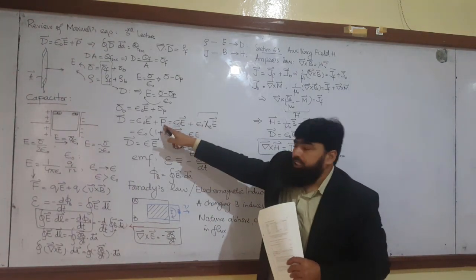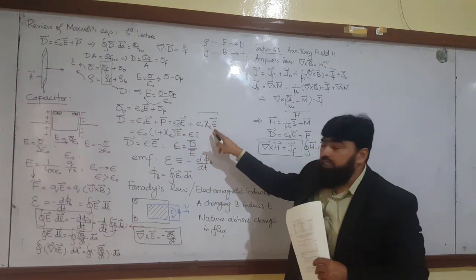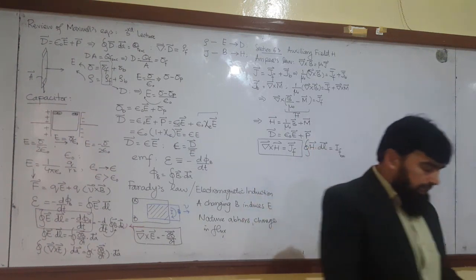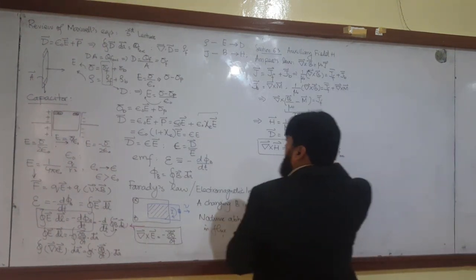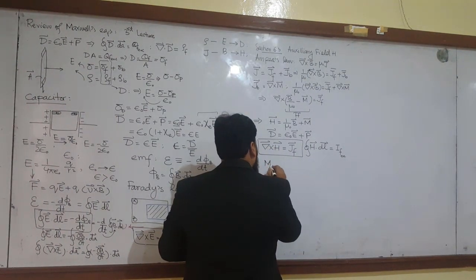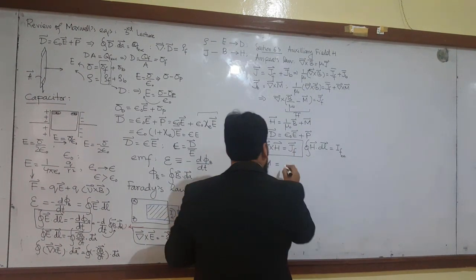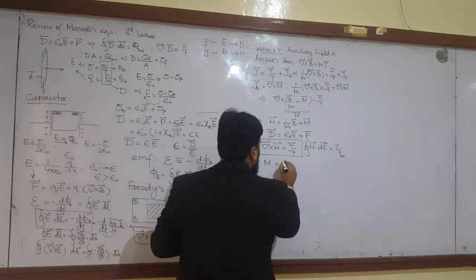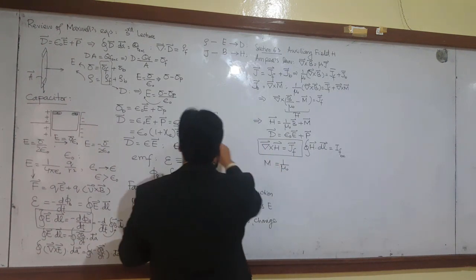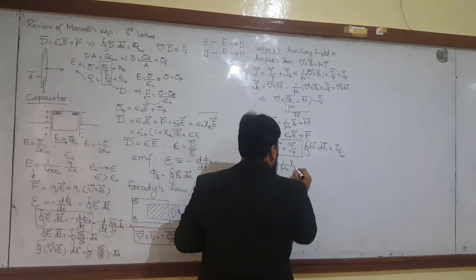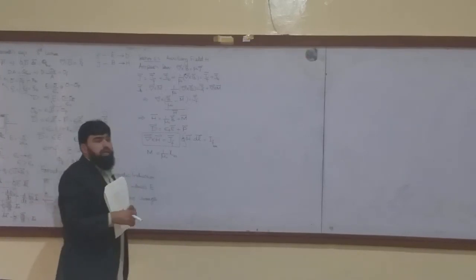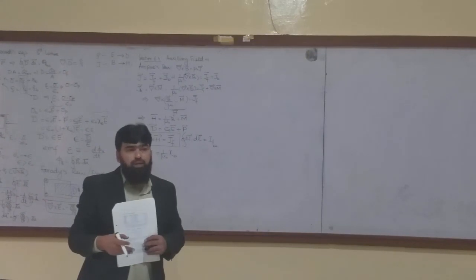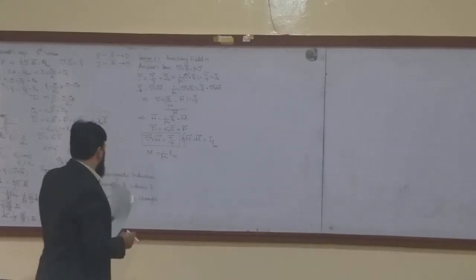As we wrote polarization as epsilon naught chi E, can we write magnetization like this? If I write that magnetization is equal to, considering this one, it is epsilon naught, so I will write 1 over mu naught. It is chi E, so I will write chi M. This is the magnetic susceptibility. How easily you can magnetize a material, the susceptibility will tell you.